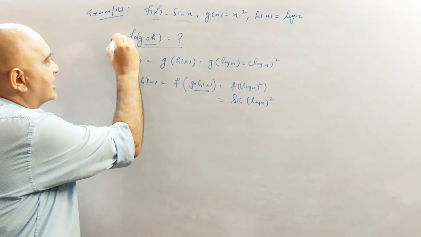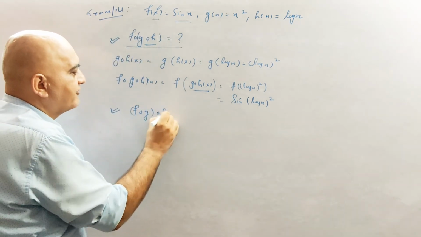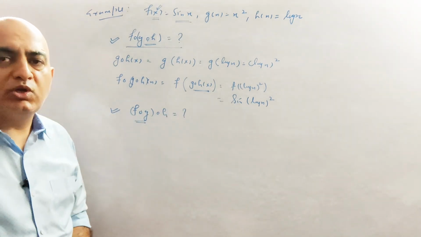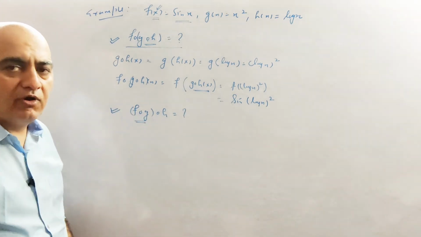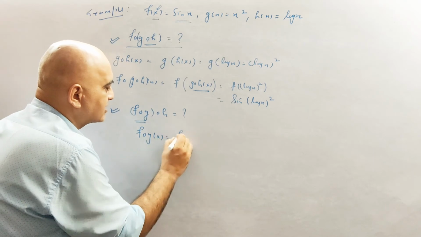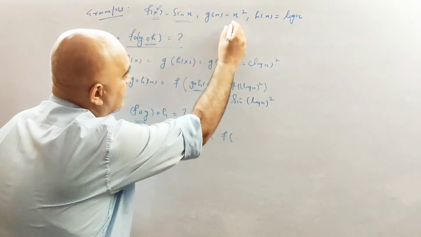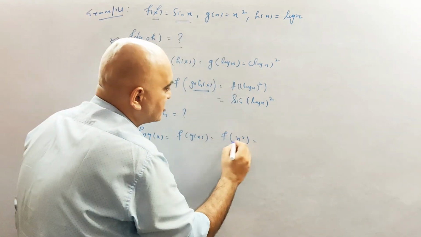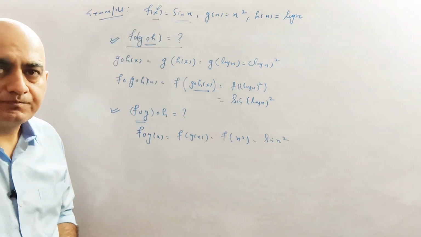And in the second sense, if we calculate this value, what does it mean? First of all, you should define the function f of g, which is in the bracket. So what is the value of f of g? F of g of x, that is f of g of x. What is the value of g of x? That is x square, substitute it, and f of x is sine x, so f of this becomes sine of x square.